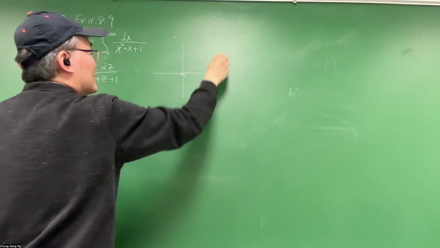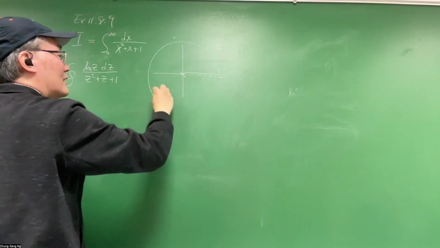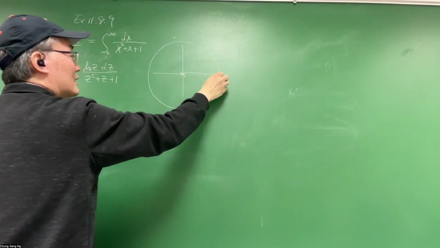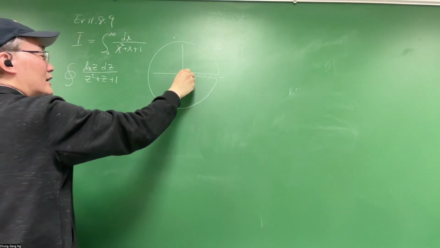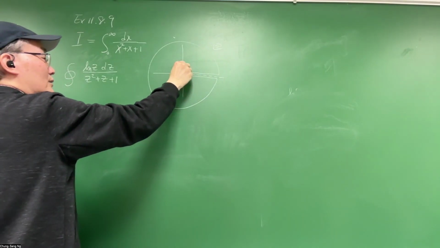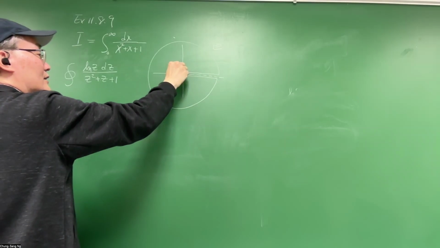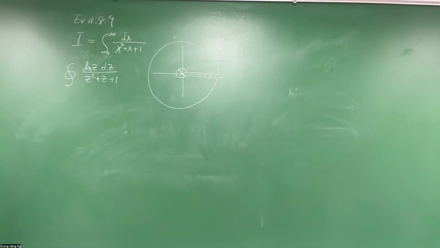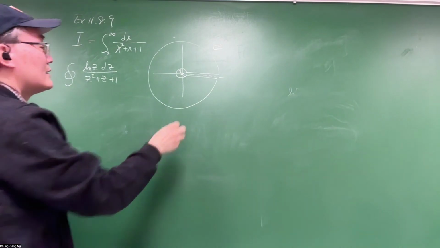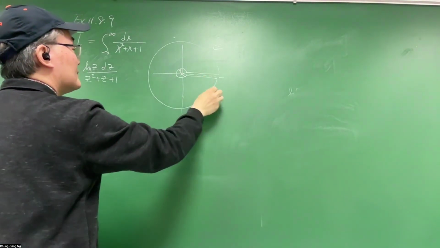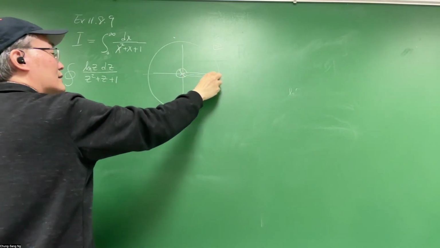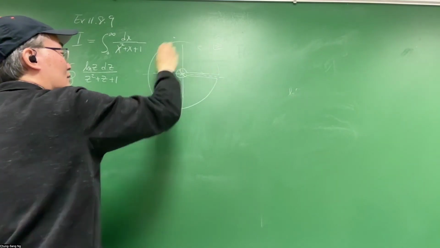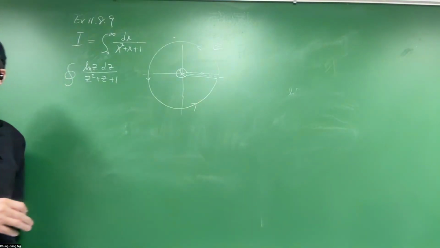Then go all the way around the big circle, and then go back to near the origin, and then go around a little circle with radius delta, with delta tending to 0 later, and then connect to the upper straight line. Remember this contour that we did last time?